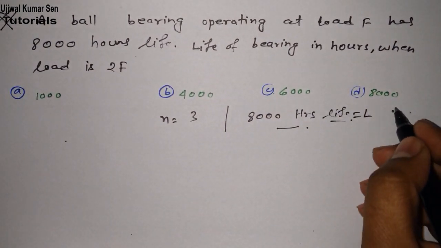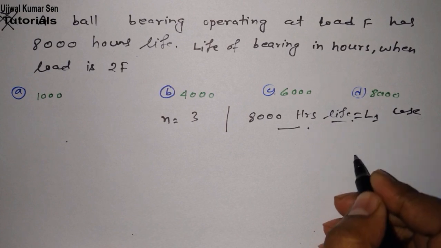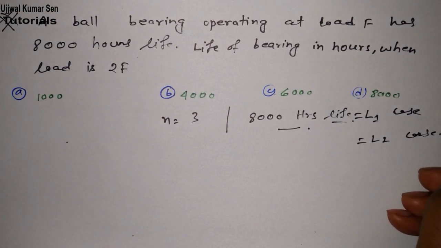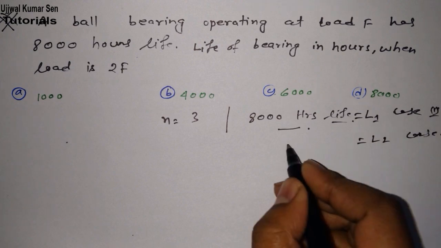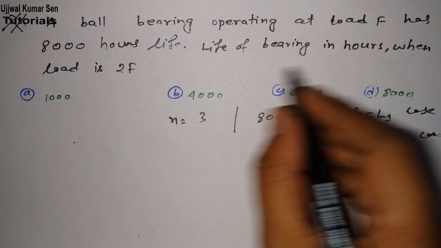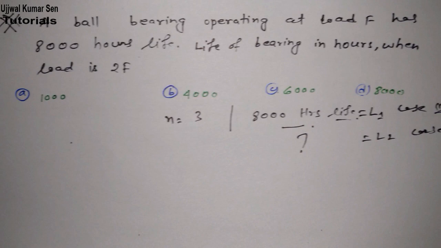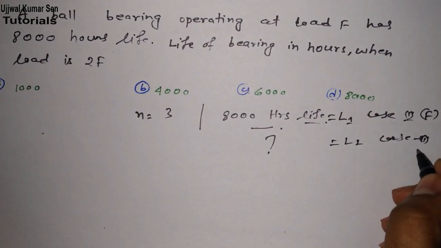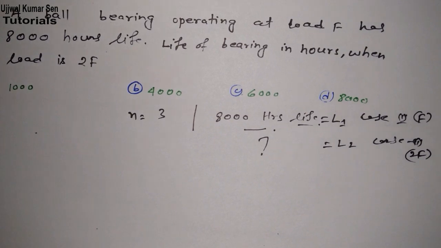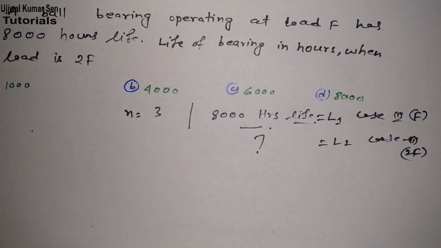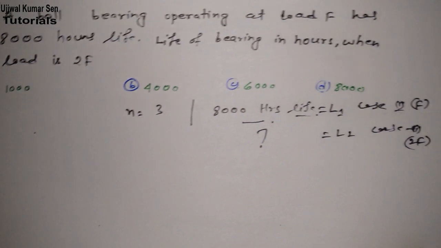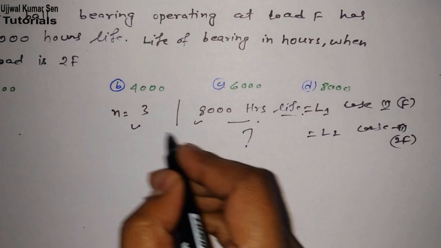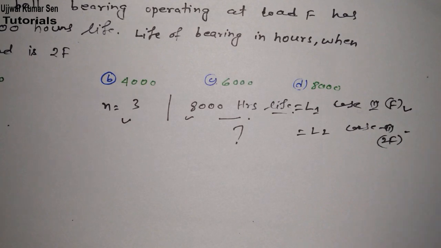Say this is case 1, L1. Suppose there is a second case. What is the life of the bearing when the load is 2F? So in case 1 the load is F, in case 2 the load is 2F. Basically they have given only 3 data: L1, N, and these two loads.